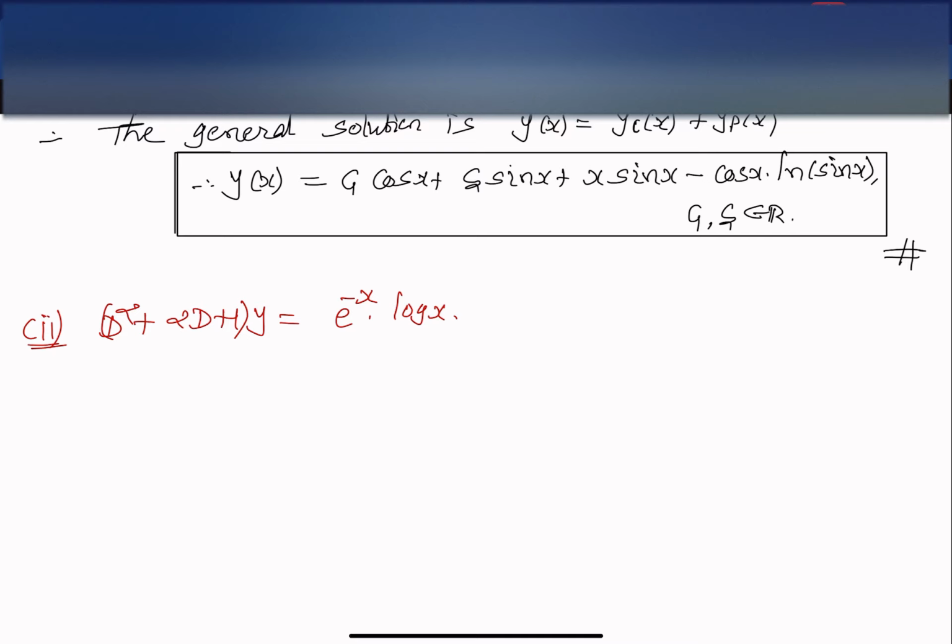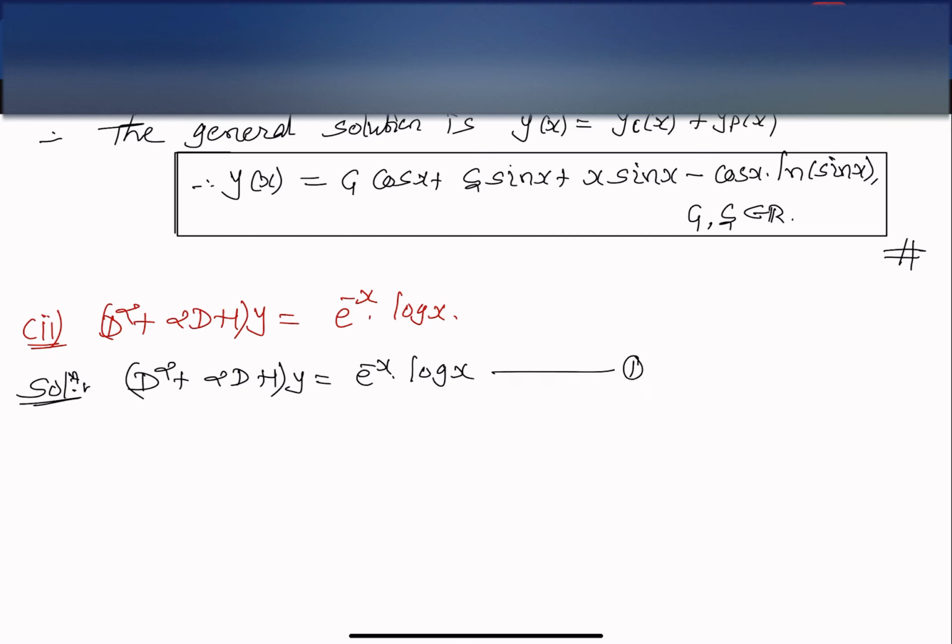Right. Let us write the solution. What we have been given? (D square plus 2D plus 1) y is equal to e raised to minus x into log x. This is equation number 1.